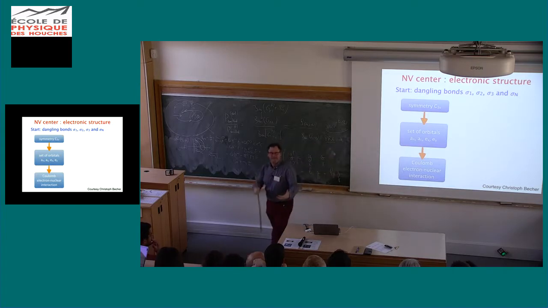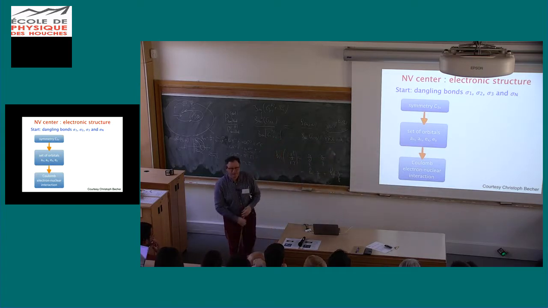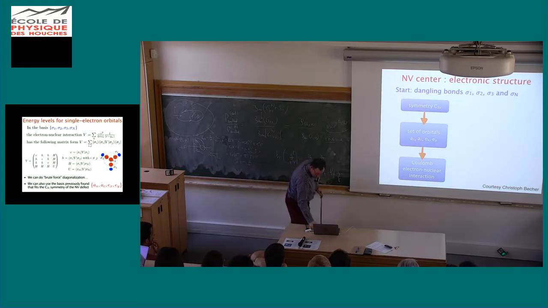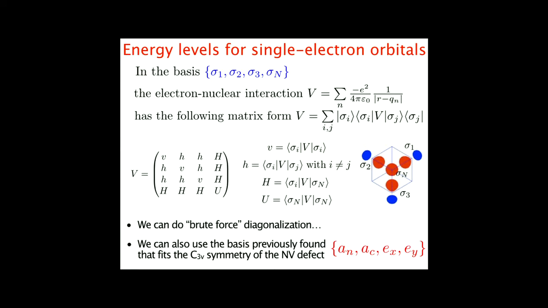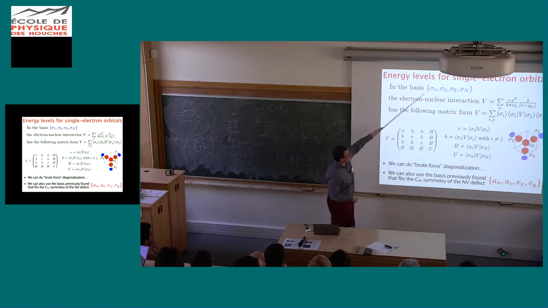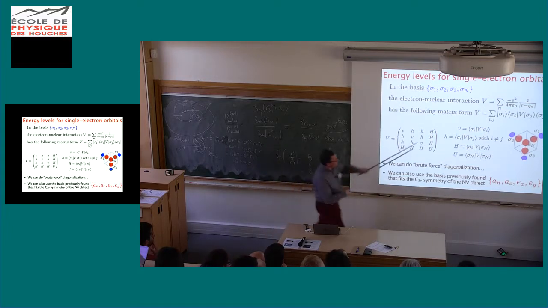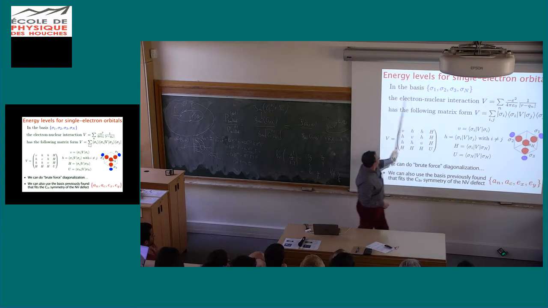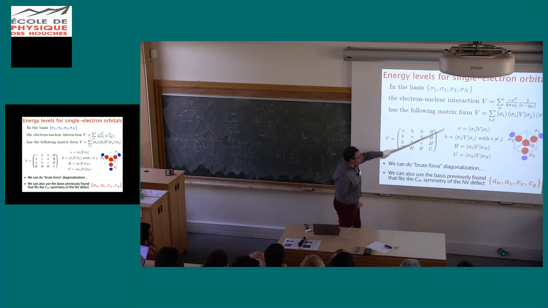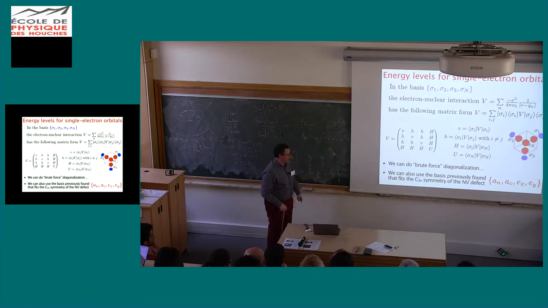Now, once I have done this first step, I need now to write the Coulomb electron-nuclear interaction. So I just take the Hamiltonian, and I try to compute this Hamiltonian that I have here, the electron-nuclear interaction, in the basis of the different components.